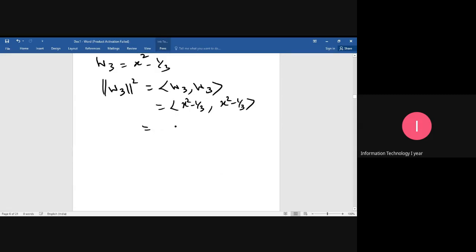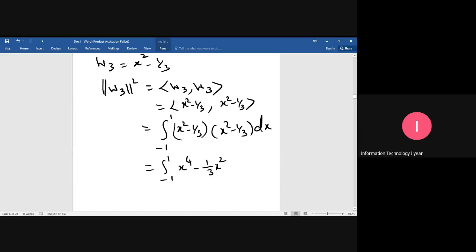This will be the integral from minus 1 to 1 of (x² minus 1 by 3) into (x² minus 1 by 3) dx. Now take the multiplication: x² into x² is x to the power 4, minus 1 by 3 x², minus 1 by 3 x², and minus 1 by 3 into minus 1 by 3 will be plus 1 by 9, into dx.